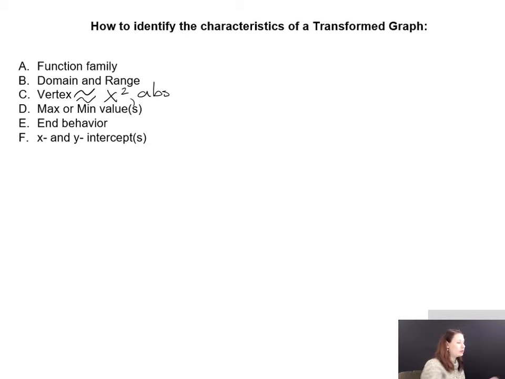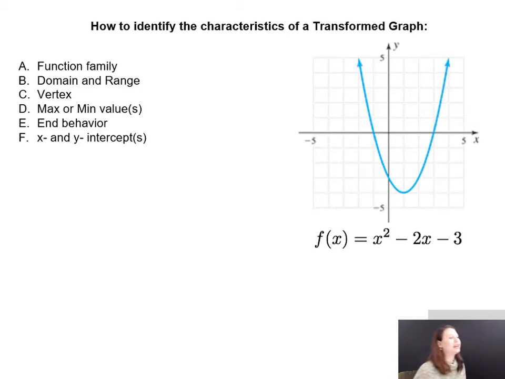So let's think about a graph like this. If we look at this, well, we know this is a quadratic. So the parent function was the y equals x squared function, right? So what did we do to it then? Well, we moved it, right?